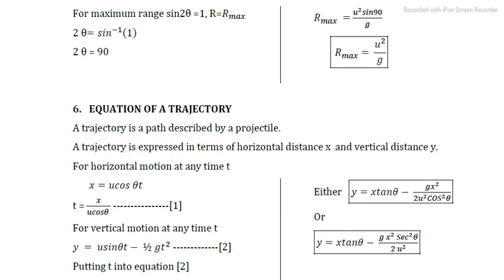For maximum range, we have one condition. We have just seen that range is given by u squared sin 2 theta over g. For maximum range, the condition is sin 2 theta must be equal to 1.